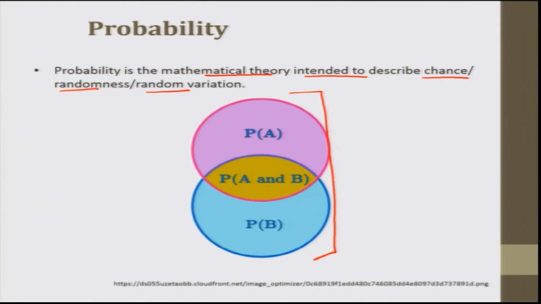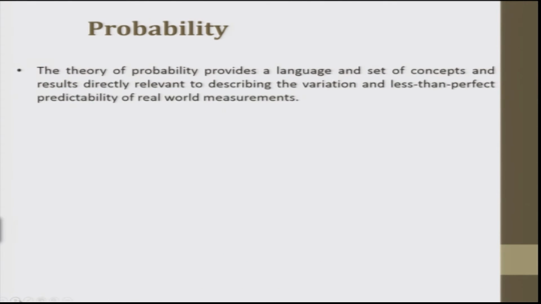permutation combinations, we know that. This is a general probability: probability for A, probability for B, this is P(A and B), this is P(A union B), the sets are there. So I will talk a little about probability here. Theory of probability provides a language and a set of concepts and results directly relevant to describing the variation and less than perfect predictability of real world measurements.